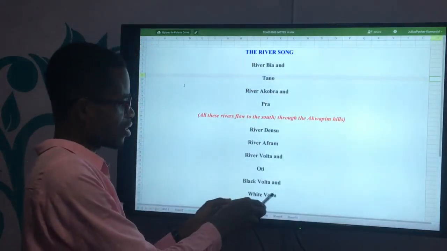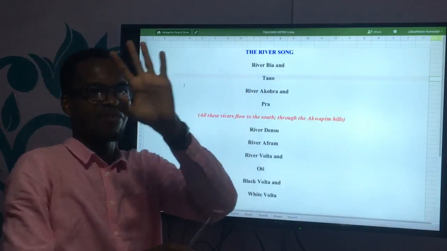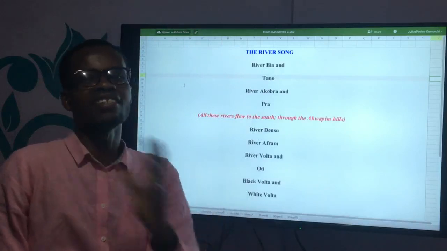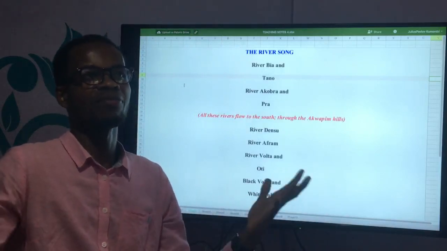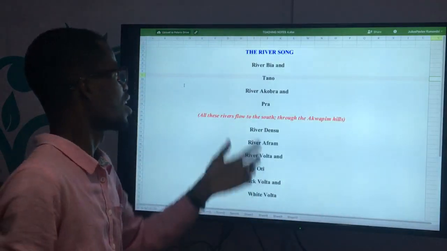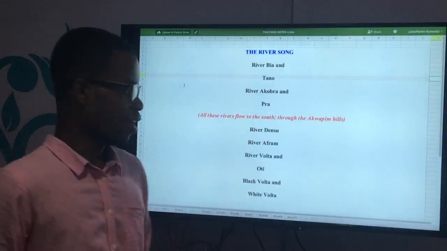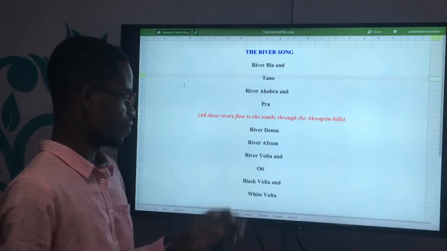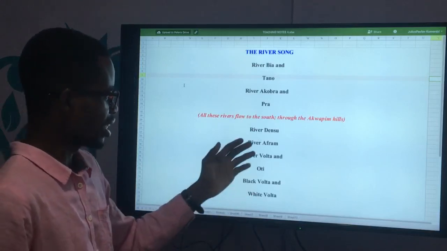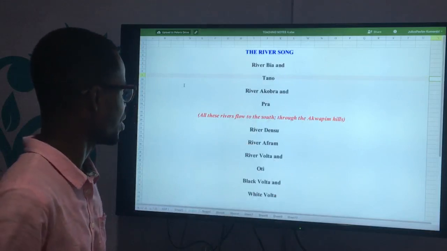So if you add River Volta to this, you get 5 major rivers in Ghana that enter the sea. You'll be able to answer that question: name 5 major rivers in Ghana that enter the sea. River Bia, River Tano, River Ankobra, River Pra. Then you can pick River Volta and add to it. Then you get your complete answer.